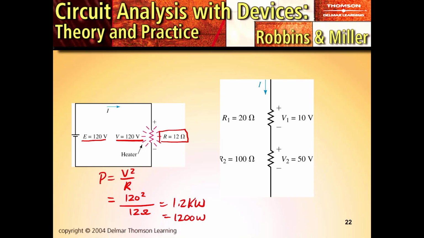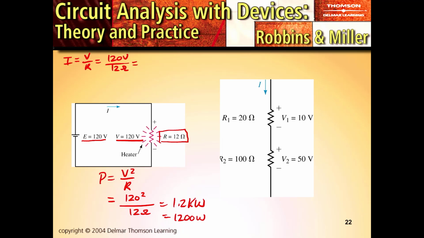Okay, now what about if we look at another way of calculating this? We've got a value of 120 volts and 12 ohms. We can determine the current. So I equals V over R. Voltage is 120 volts. Resistance is 12 ohms.